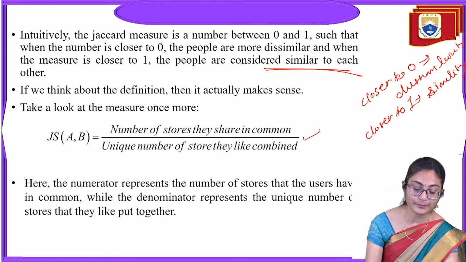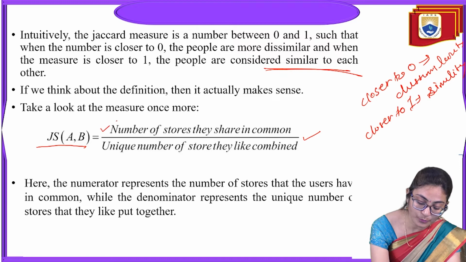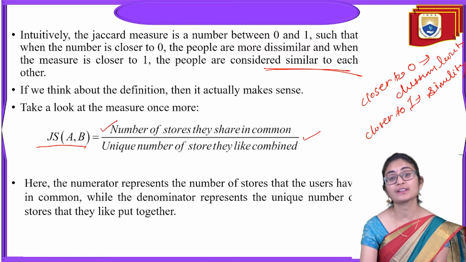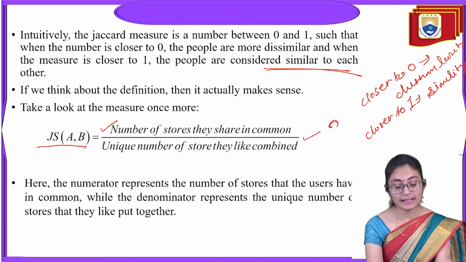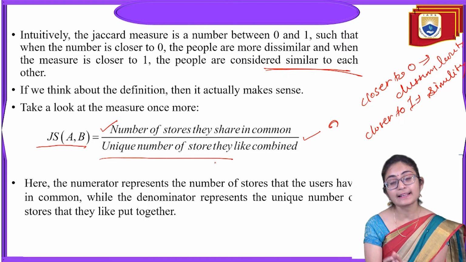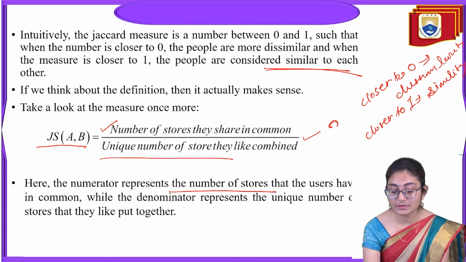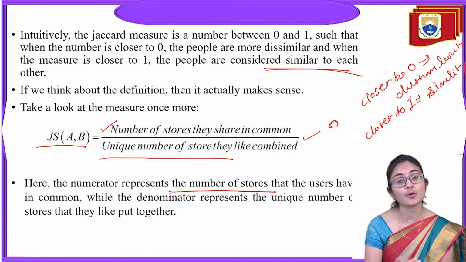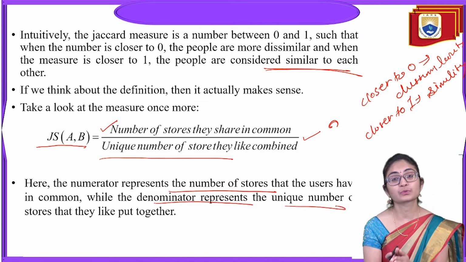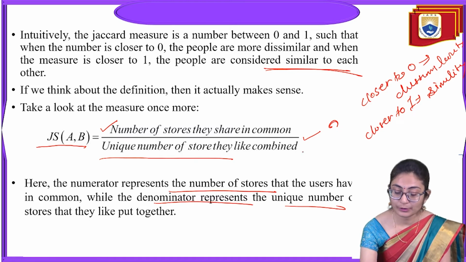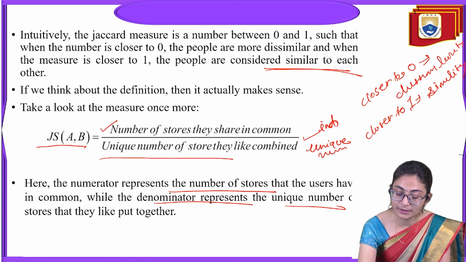Look at this formula, the Jaccard measure of sets A and B. It is the number of stores they share in common, that means the intersection, over the unique number of stores they like combined. Here, the numerator represents the number of stores that the users have in common, and the denominator represents the unique number of stores that they put together. Here you write the intersection.